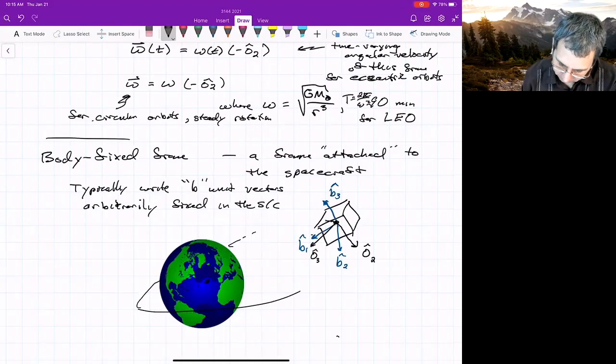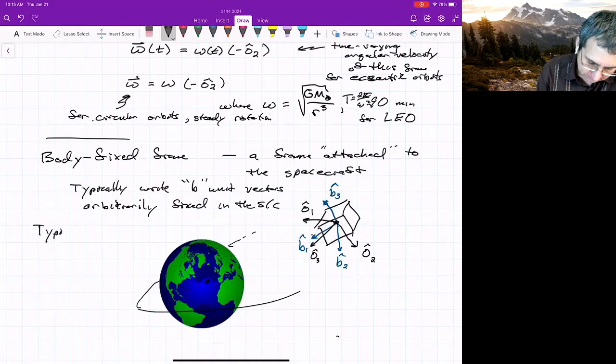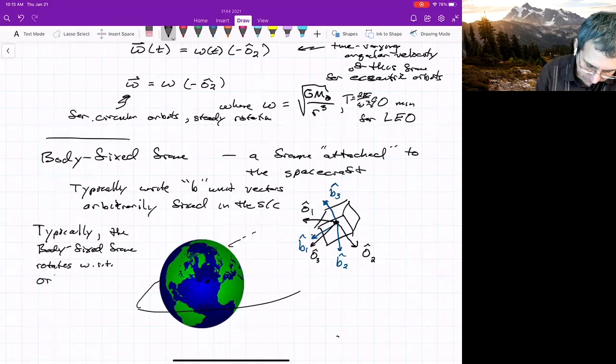And then completing this right-handed coordinate system is O1. Okay. So typically, the body fixed frame rotates with respect to the orbital frame.